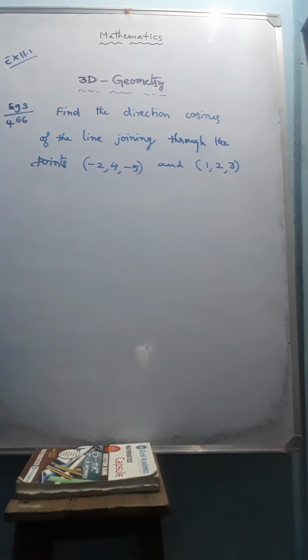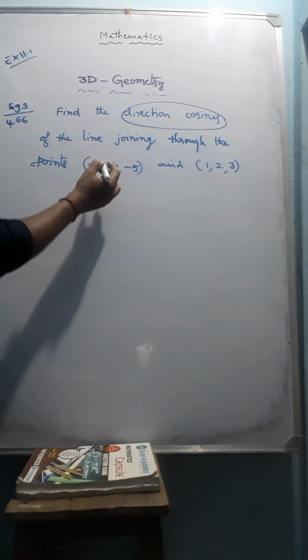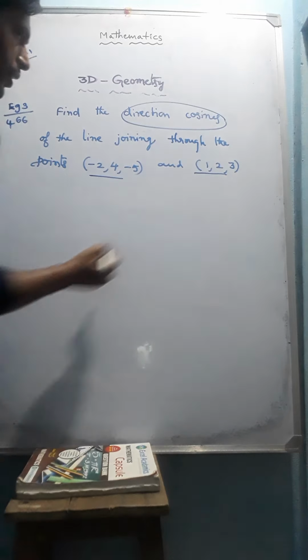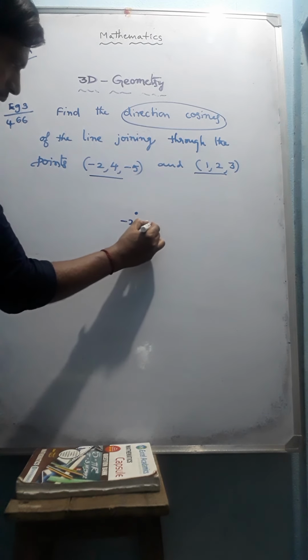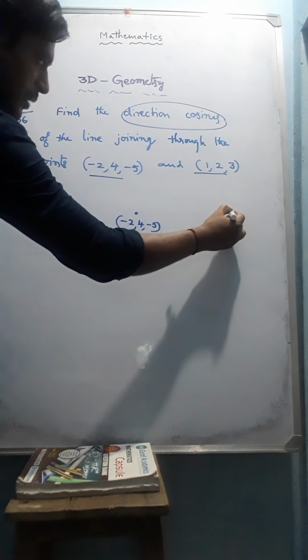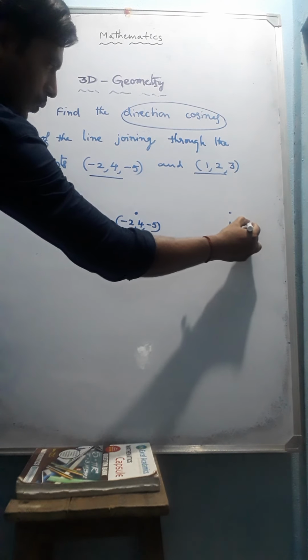Okay, so if you observe all problems in exercise number 11.1 and the examples, they depend on the direction cosine concept only. Okay, so this problem also is asking direction cosines. So what is given here? They are given 2 points. This is the point minus 2, 4, minus 5. This point is 1, 2, 3.